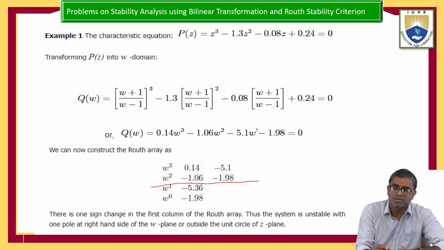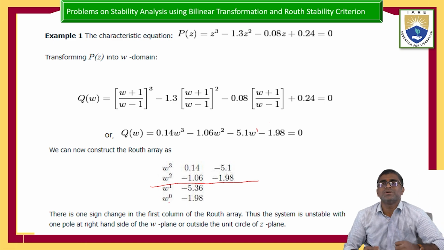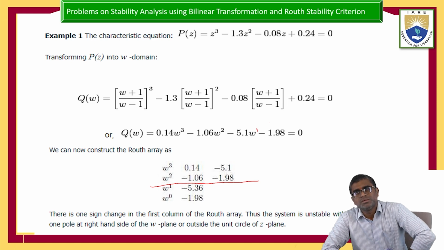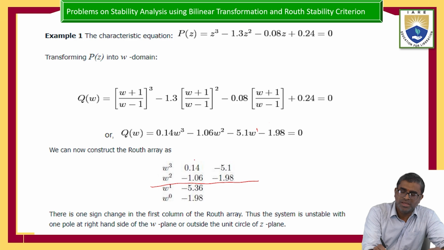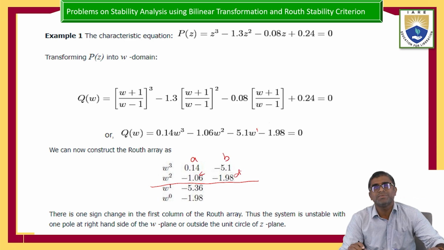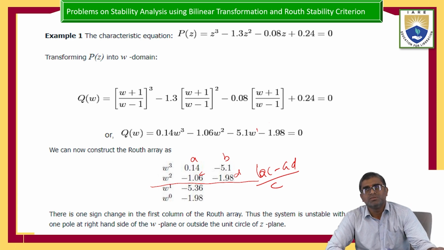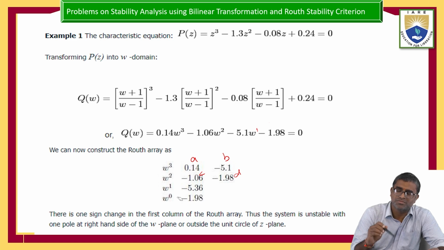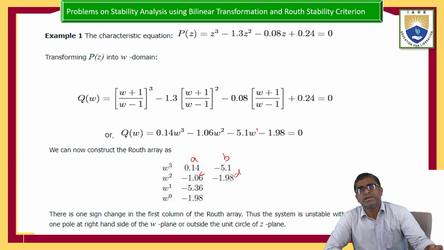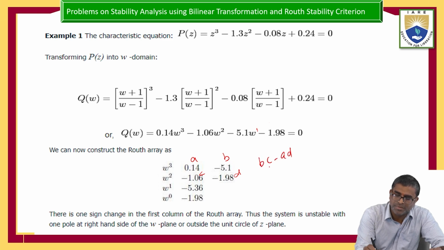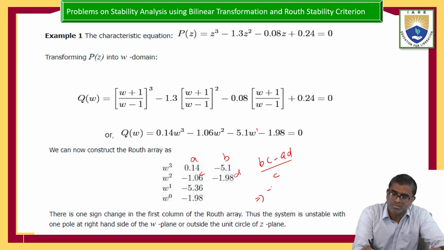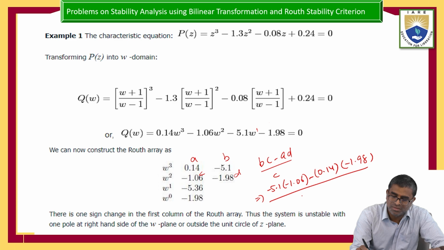After that, we go for the omega 1 value. Taking the entries as A, B, C, D, the omega 1 value is BC minus AD by C. That is, minus 5.1 into minus 1.06, minus 0.14 into minus 1.98, divided by minus 1.06.